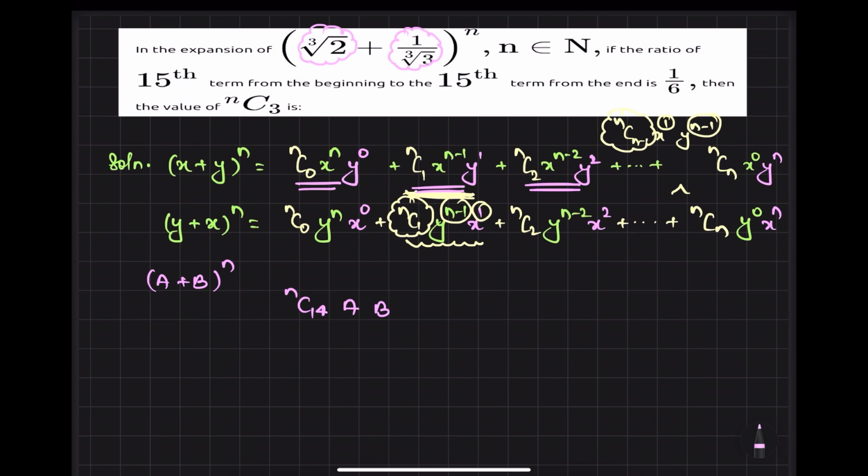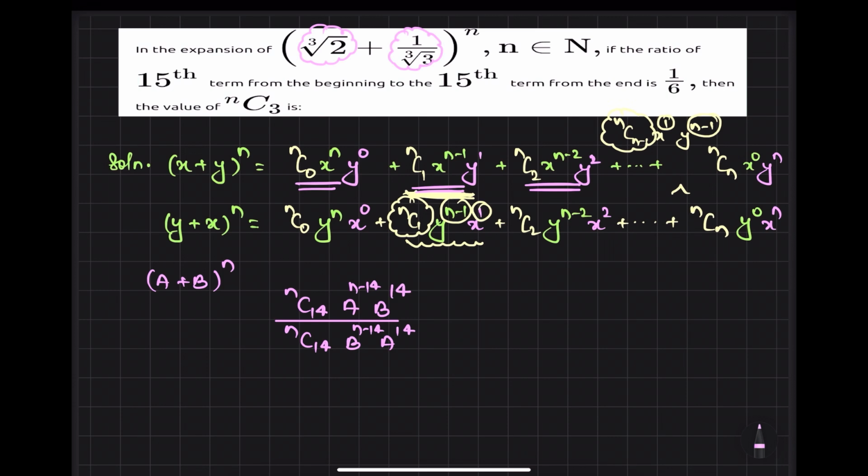The lower subscript of C and the power of b remain the same, and a will take power n minus 14. Correct? This is the 15th term from the start. Now for the 15th term from the end, you interchange a and b. So nC14 with b first, and now a will take power 14 and b will take power n minus 14.